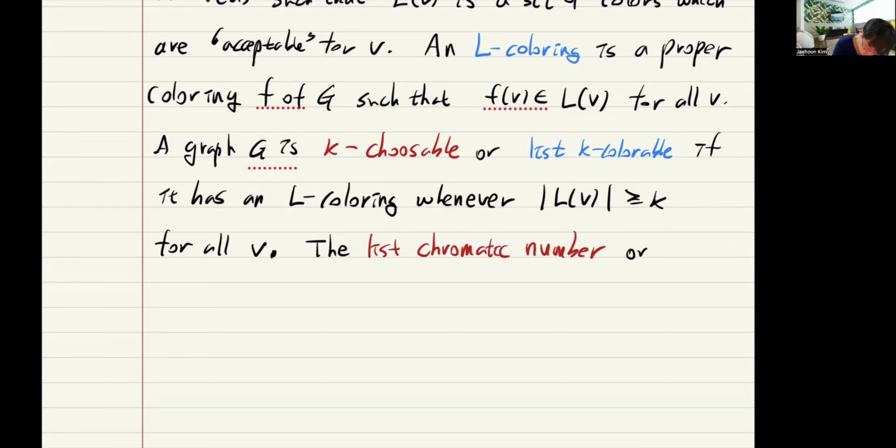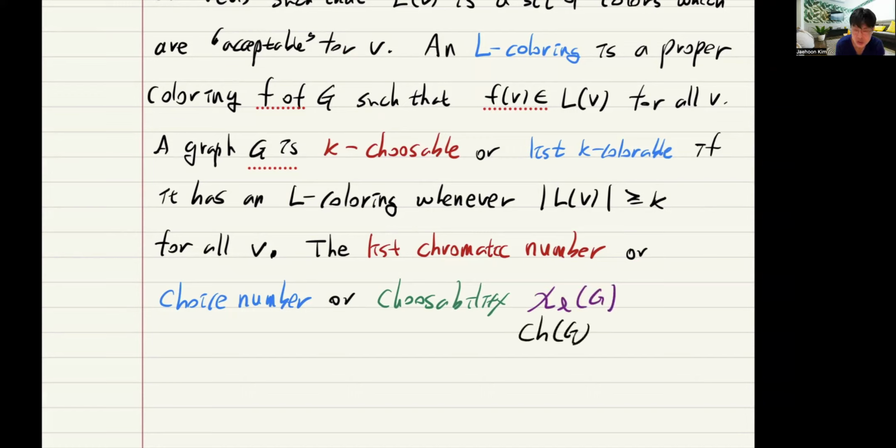It's also called the choice number, or it's also called choosability, and we write it as the list chromatic number of G. Sometimes people use ch(G) for choosability or choice number.